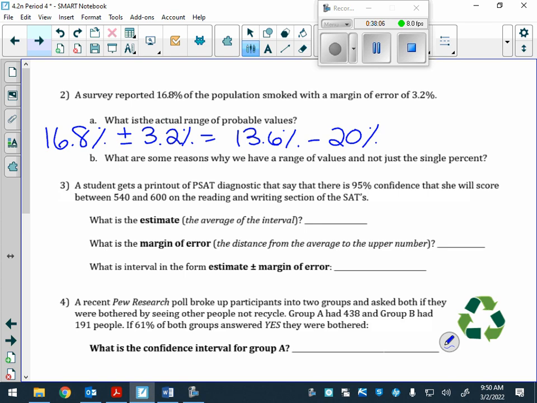Jax, put your hand down for a minute. Kaden, you too. What are some reasons why we have a range of values and not just a single percent? Jaden?